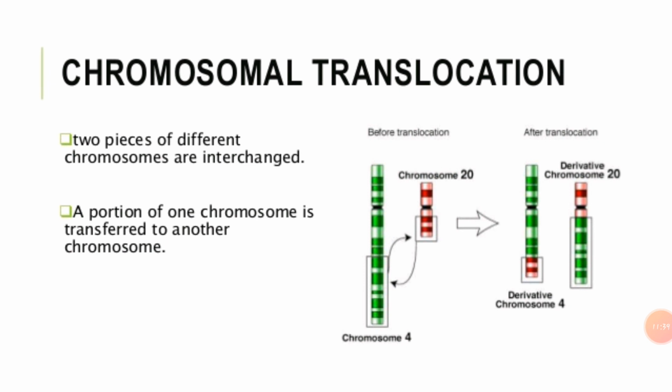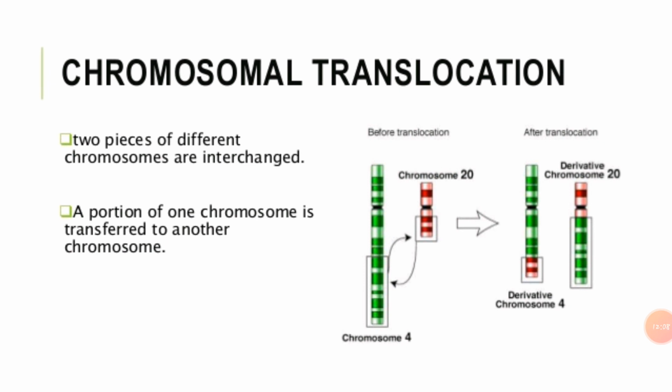Translocation is the shifting or transfer of part of a chromosome or set of genes to a non-homologous chromosome. There is neither any loss nor addition of genes during translocation, but only rearrangement of the particular chromosome. There are different types of translocation: simple translocation, shift translocation, and reciprocal translocation.